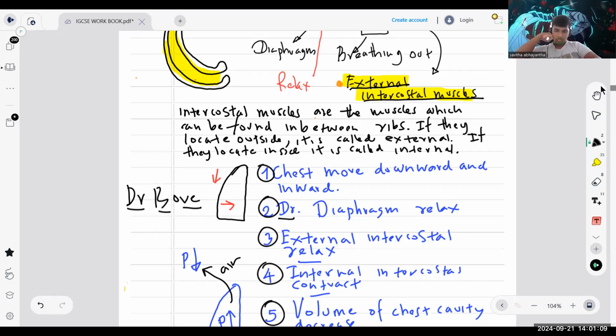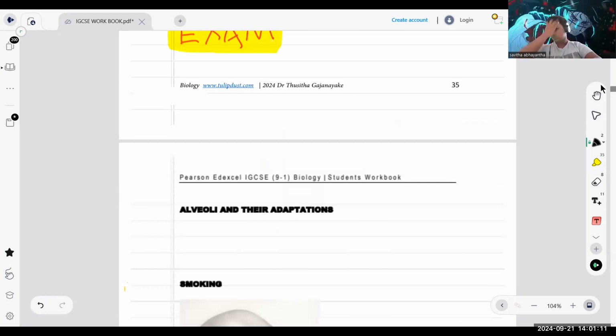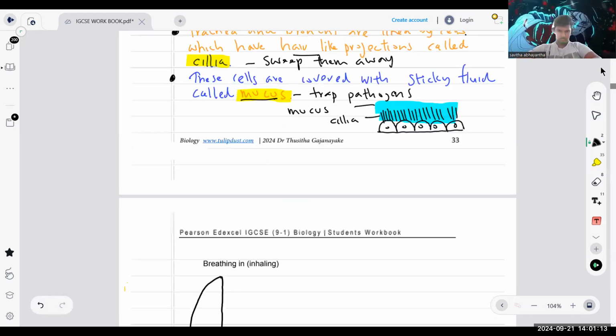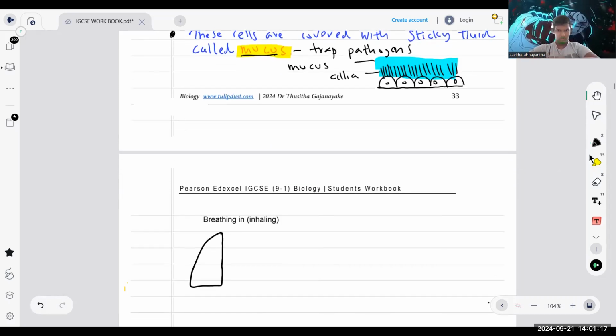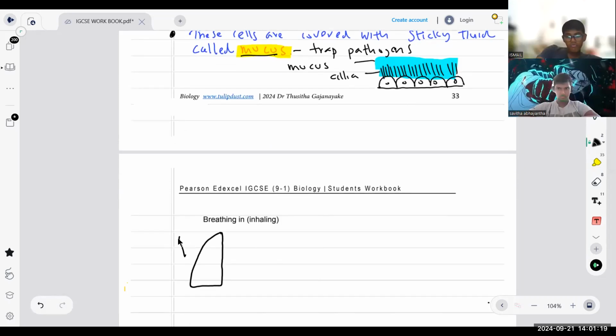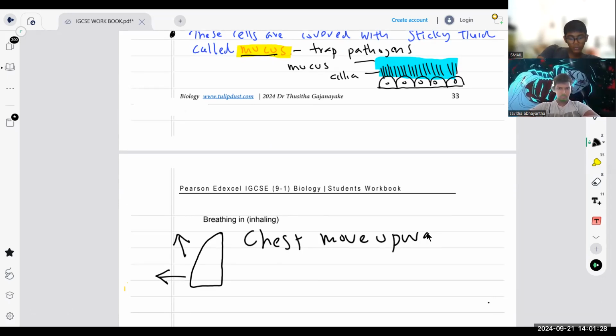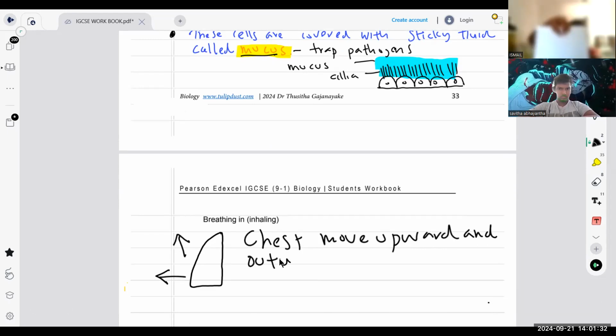Upward and outward, yes. So I can show the arrows: upward and outward. So it's moving in this direction and this direction. Chest move upward and outward.